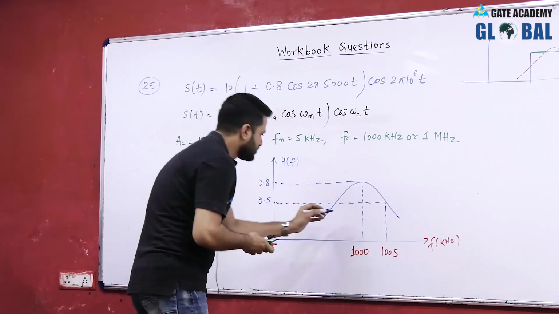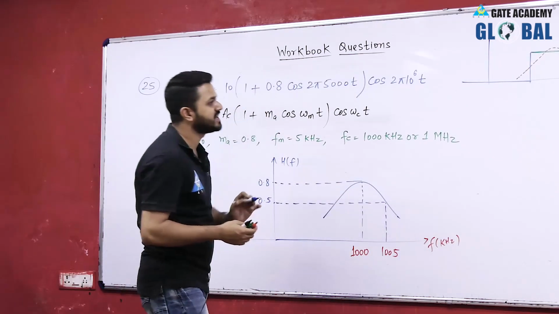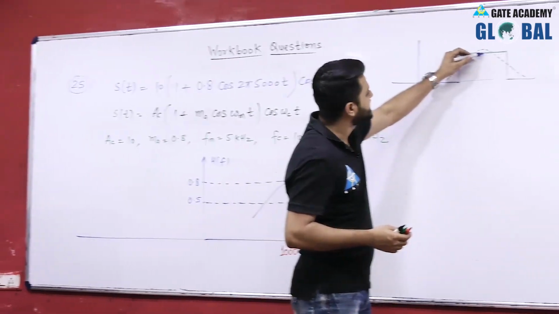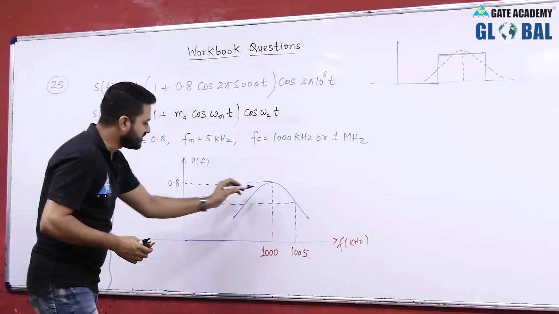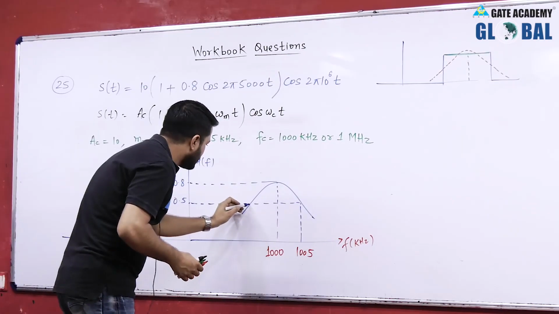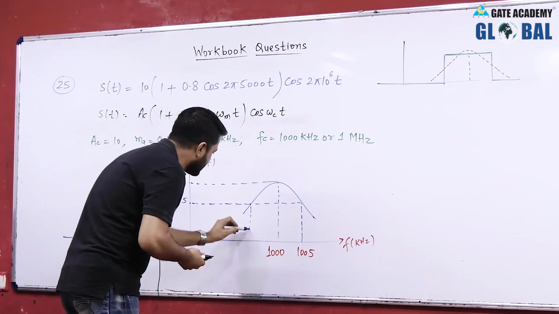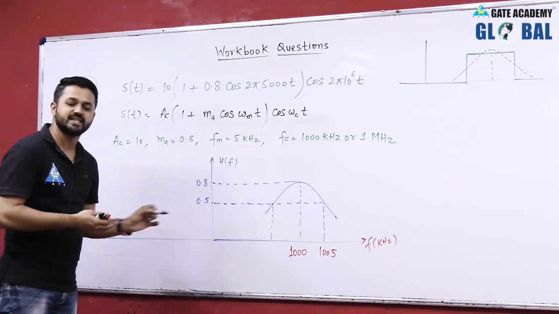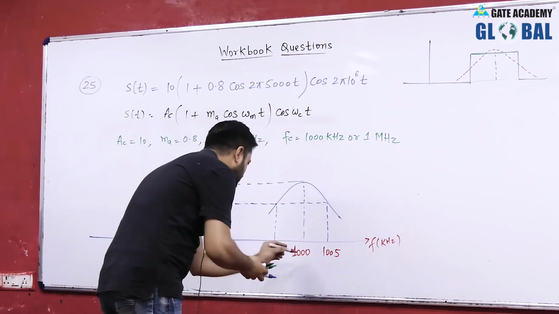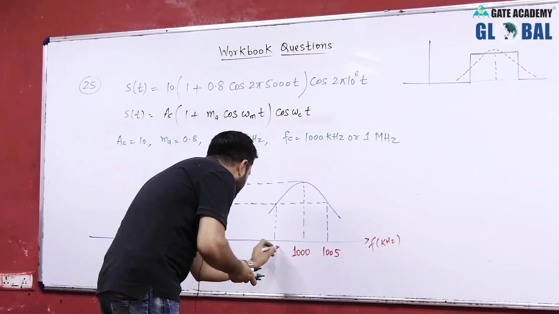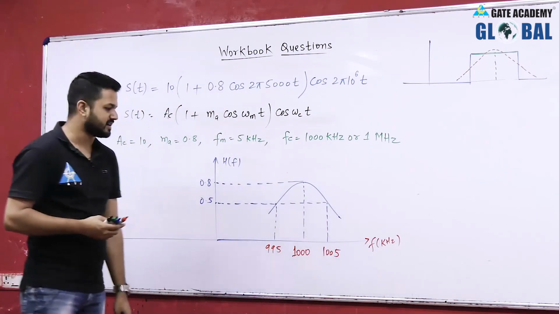Because the filter is symmetrical about the center frequency, whatever the center frequency will be, the filter is symmetrical. So here we will have another frequency for which we will get the same gain, which is 995, because we have to subtract 5 to make it symmetrical.